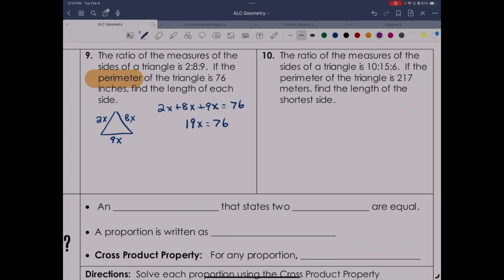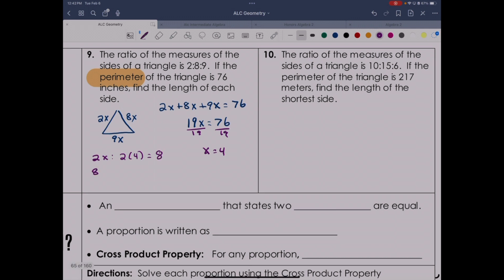Divide by 19. You get x is equal to 4. 76 divided by 19 is 4. Now the directions say find each. So our first one is 2x, so that's 2 times 4, which is 8.